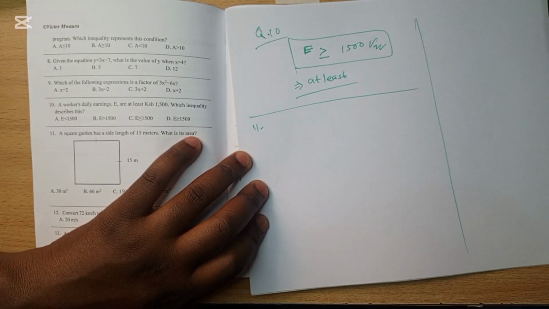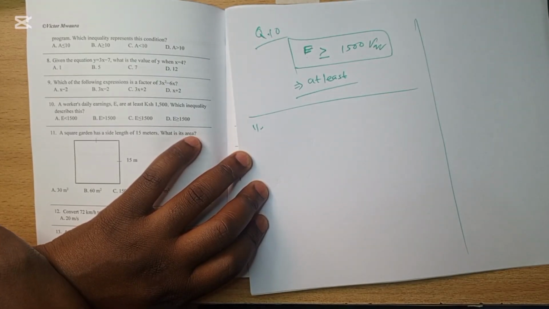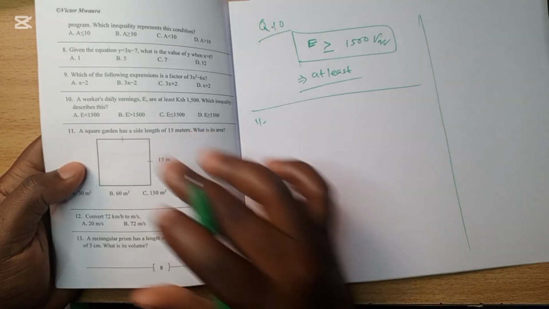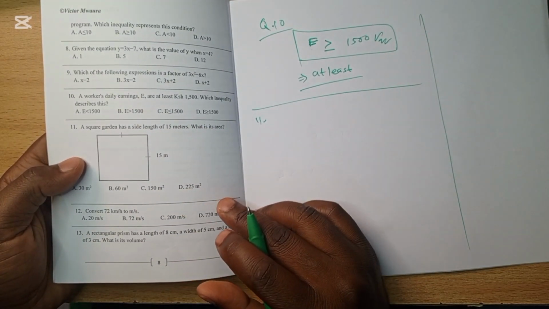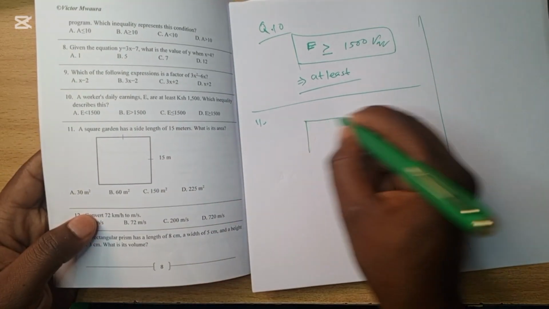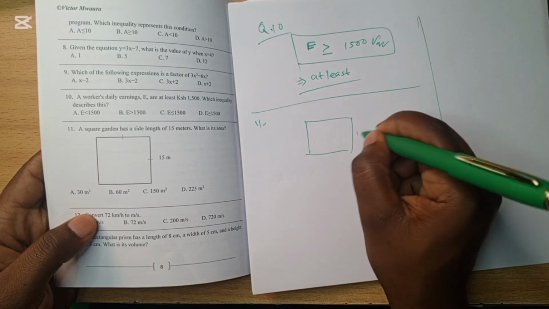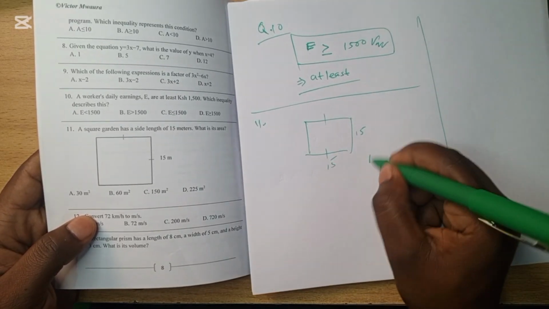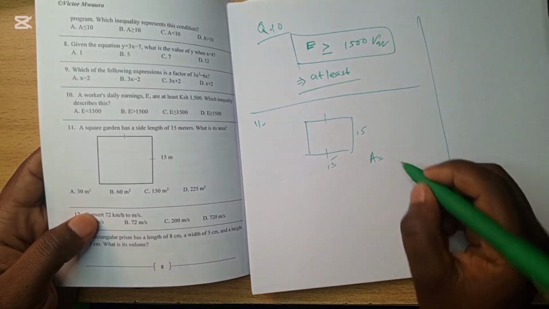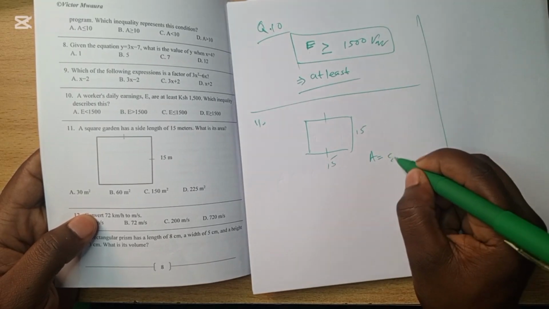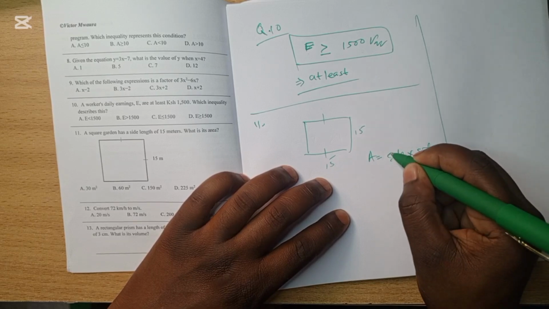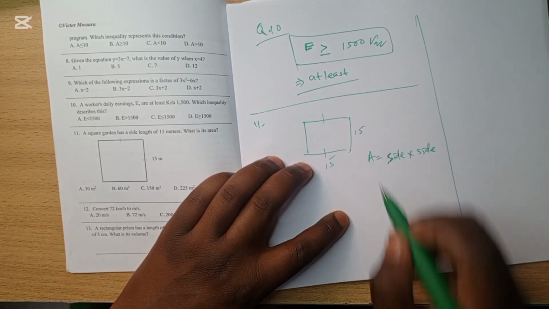So question 11 asks, a square garden has a side length of 15 meters. What is its area? So you have this square garden, 15, 15. So all sides are equal. We know area of a square is side times side, the length of one side times the other side.